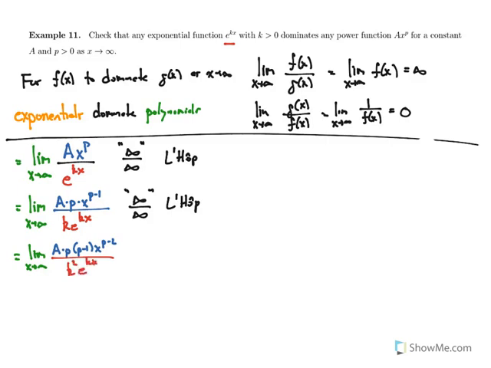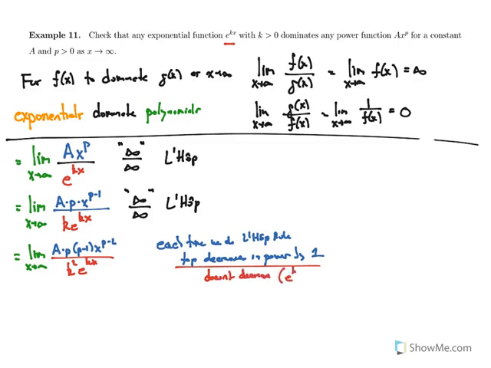And what's going on is each time we do L'Hopital's rule, the top decreases in power by 1, and the bottom doesn't decrease at all.